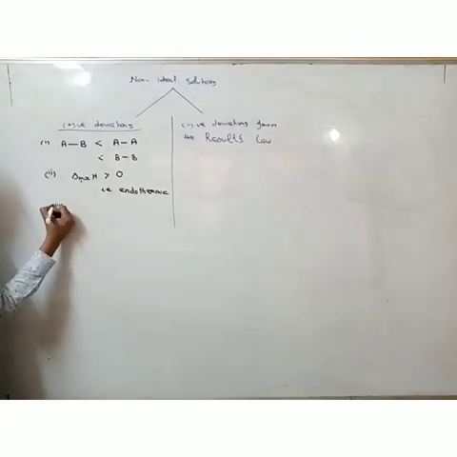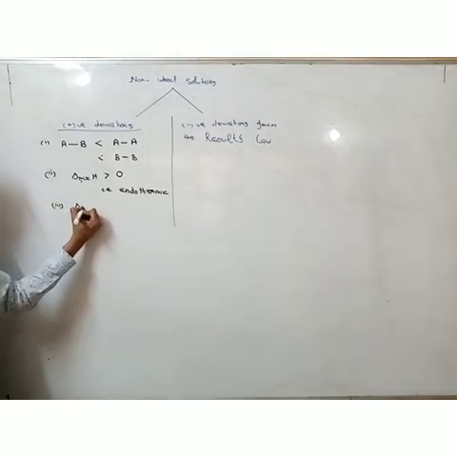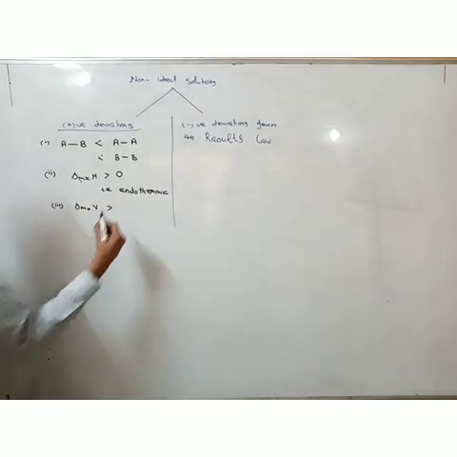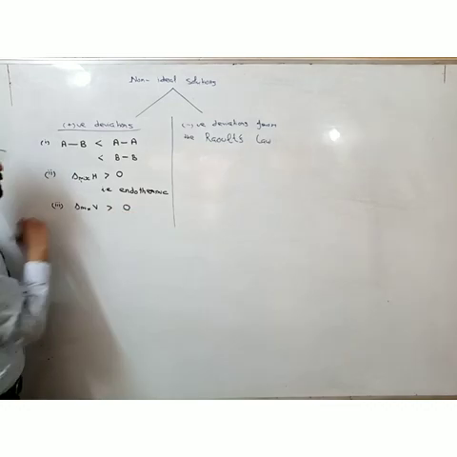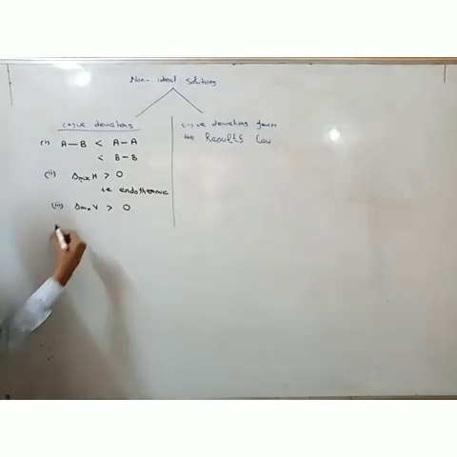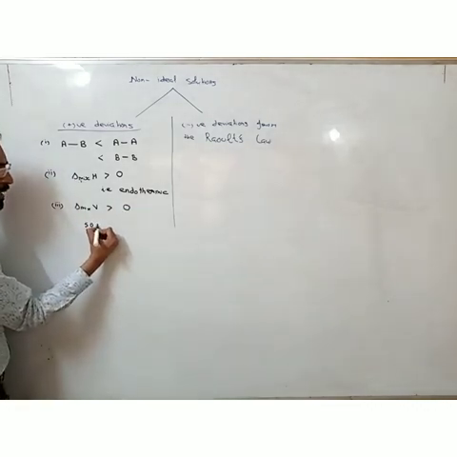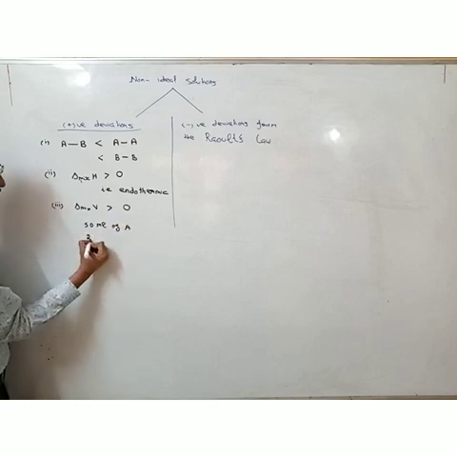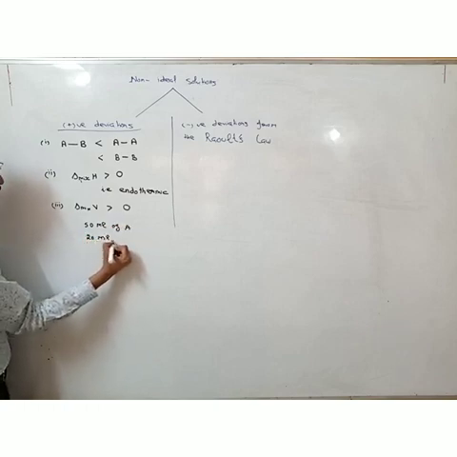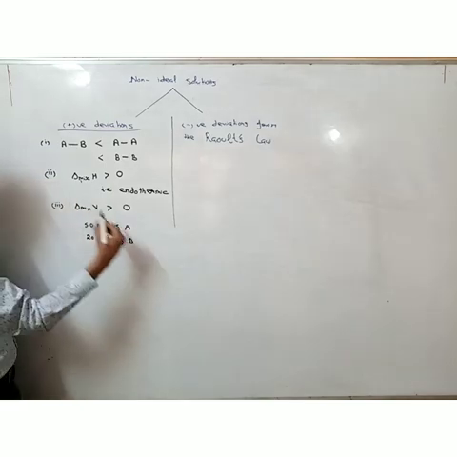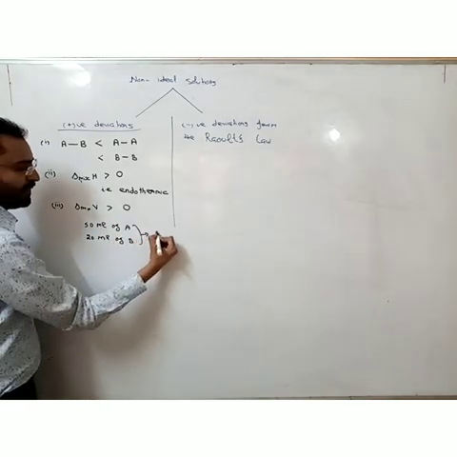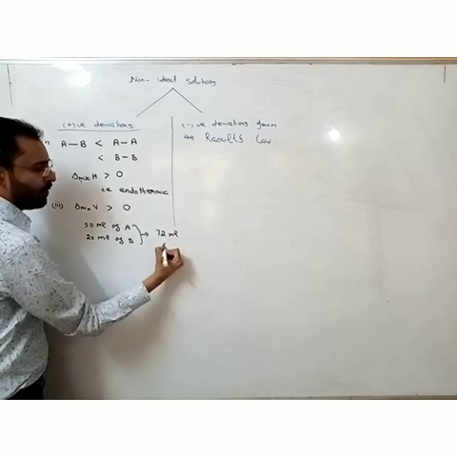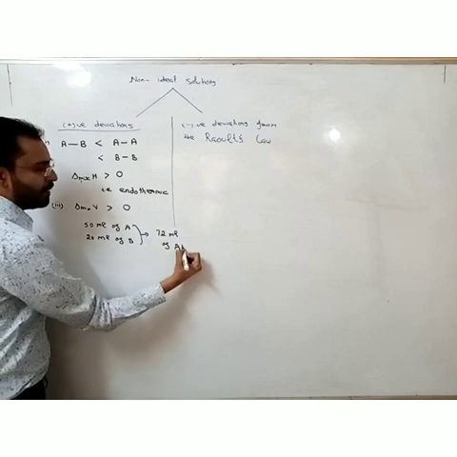Third is delta V mixing is greater than 0. It means if we take 50 ml of A and 20 ml of B, then we'll get 72 ml of AB.